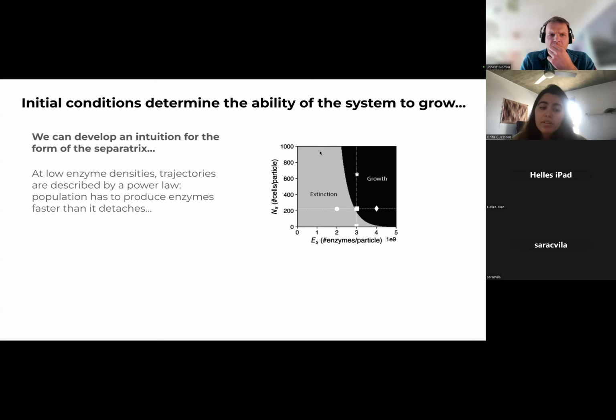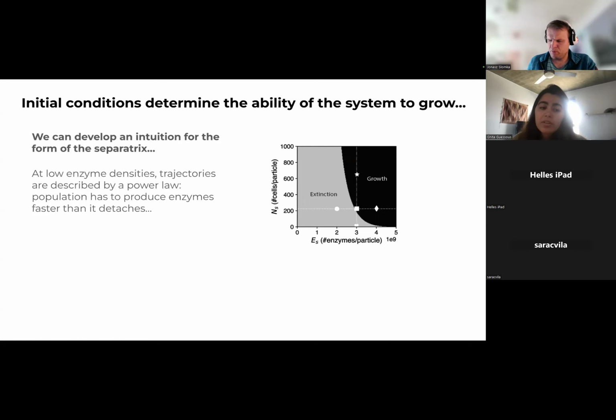So the rate to generate enzyme will be dominated by the slow diagonal and detachment. And as you cross over the separatrix, enough enzyme may be generated to allow growth to happen. These are examples that show this.